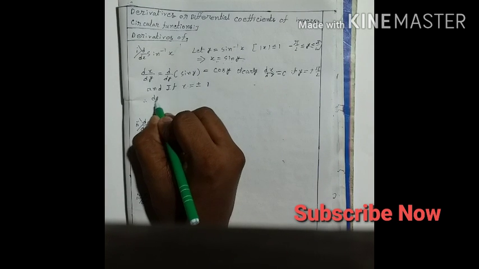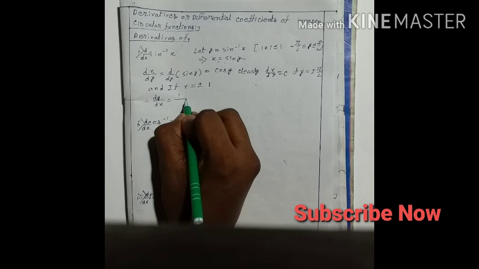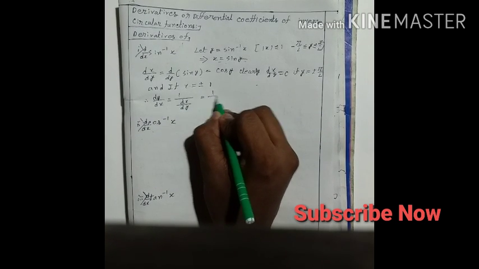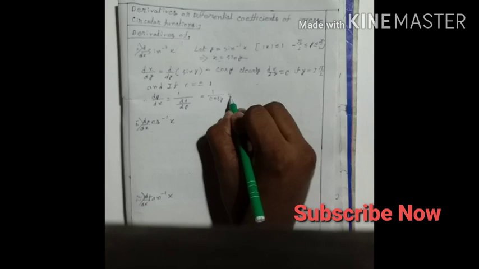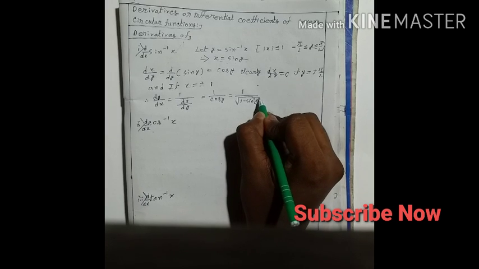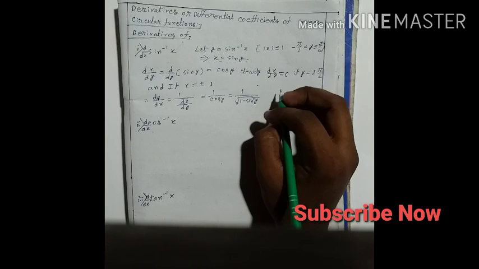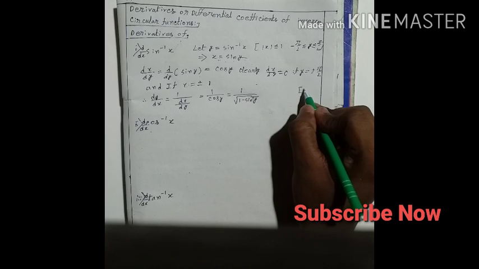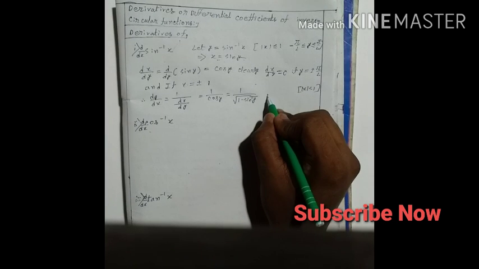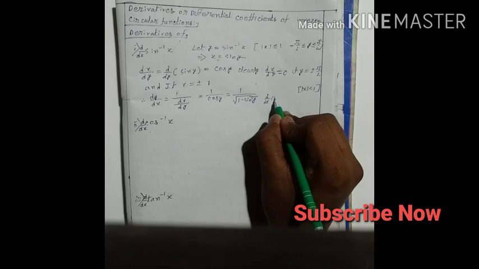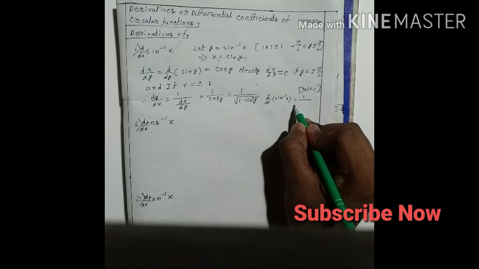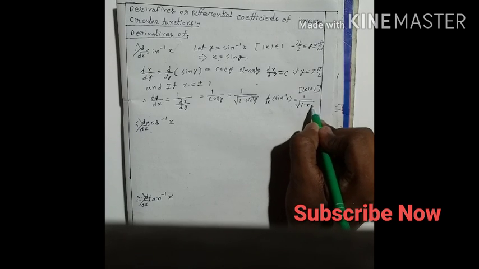Otherwise dy by dx is equal to 1 by dx by dy, which is equal to 1 by cos y, which is 1 by root over of 1 minus sine square y. So for all mod x less than 1, we get that d by dx of sine inverse x is equal to 1 by root over of 1 minus x square.